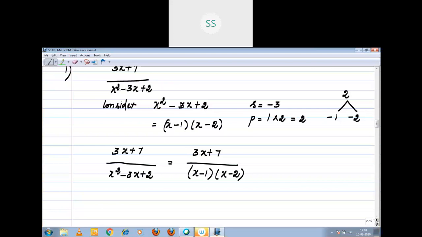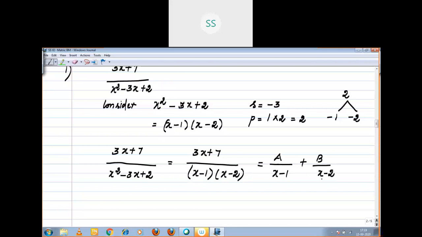If the denominator can be factorized and contains non-repeated linear factors, this is separate and this is separate. So I can write the thing as a sum of simpler fractions, that is a by x minus 1 plus b by x minus 2. You don't bother about the rest of the thing. Here, the denominator has non-repeated linear factors, so I can write a by plus b by.